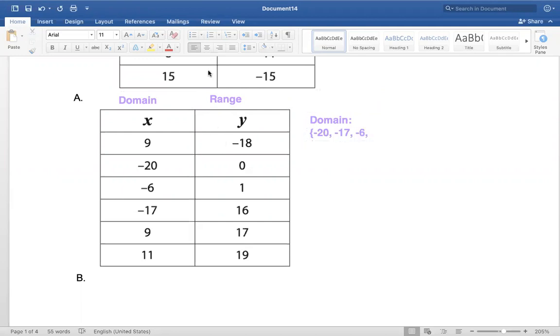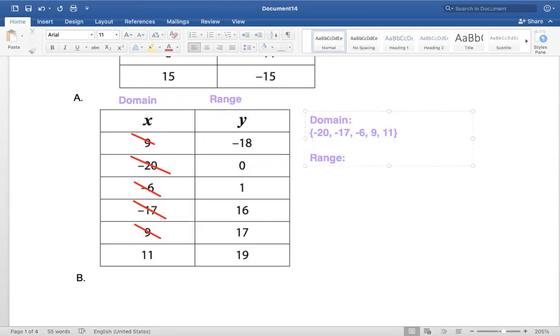You might notice here that there's 2 9s. We already did our negative numbers. I do not want repeats. So even though there are 2 9s, I am only going to put them in once. So that is going to be my domain for this table.